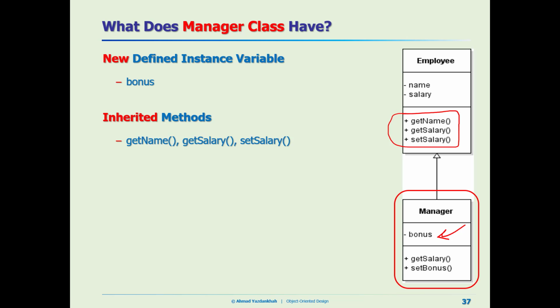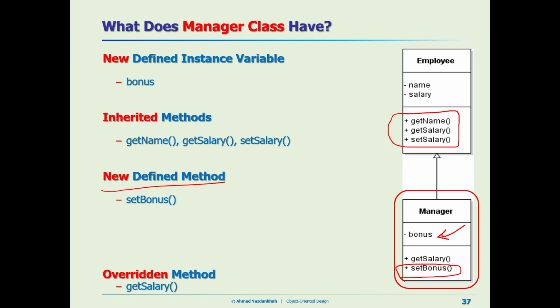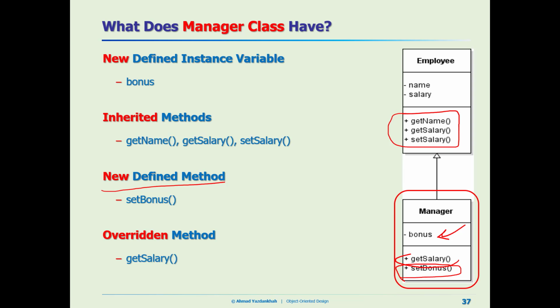And what else? A newly defined method, that is setBonus here. I didn't mention the getBonus here, we don't care about that right now. And also the manager class overrode the getSalary.